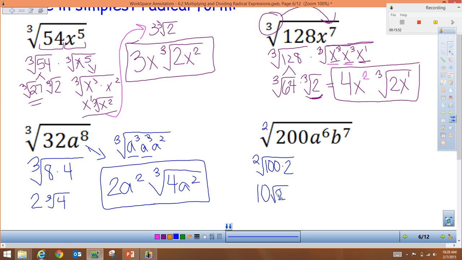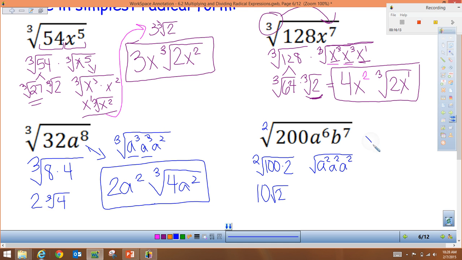And then our letters here, we have a to the 6th. How many groups of 2 can we make out of that? 1, 2, 3. 2, 4, 6. Okay?